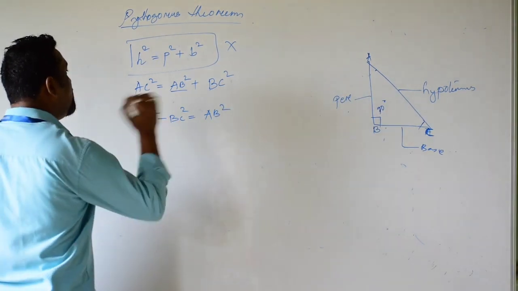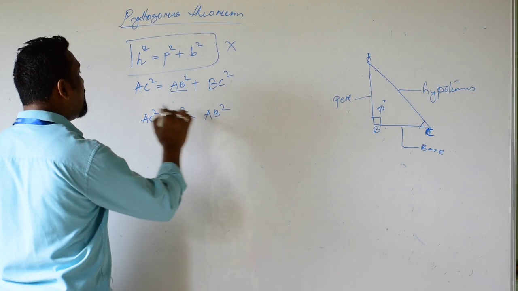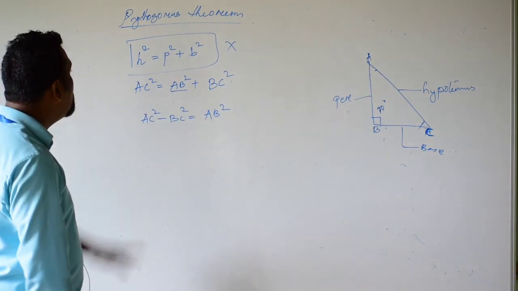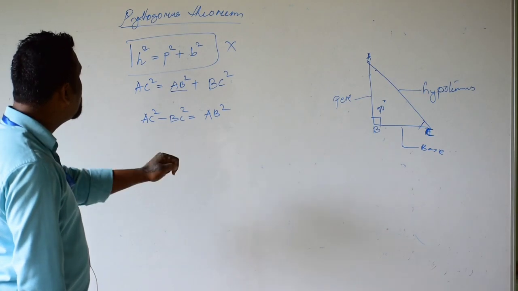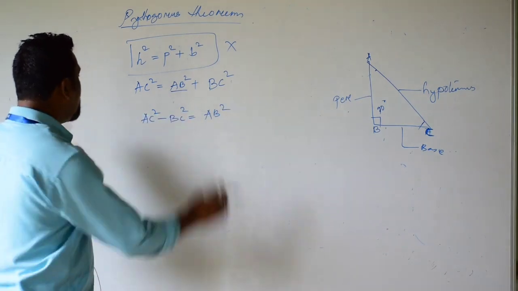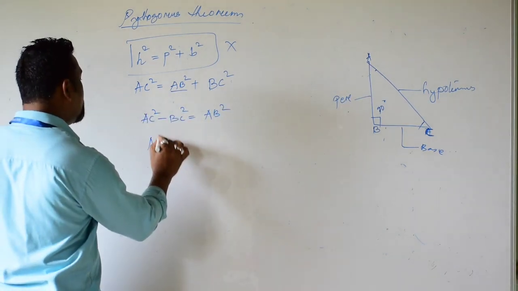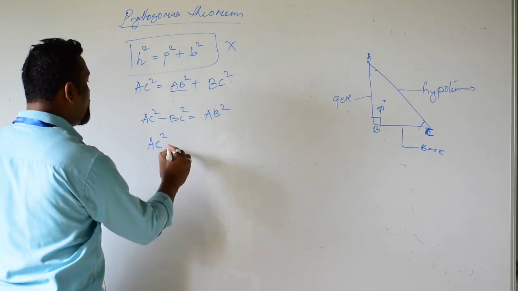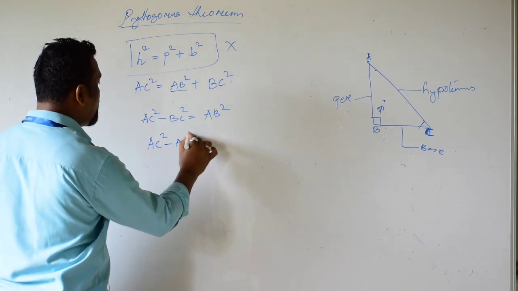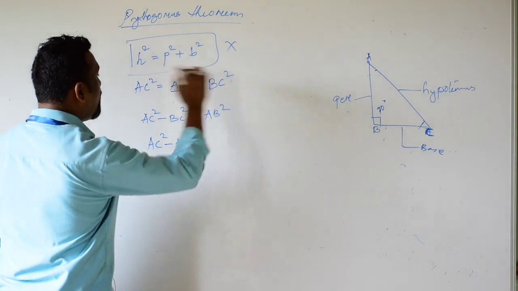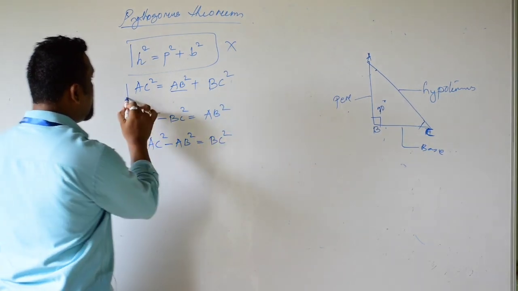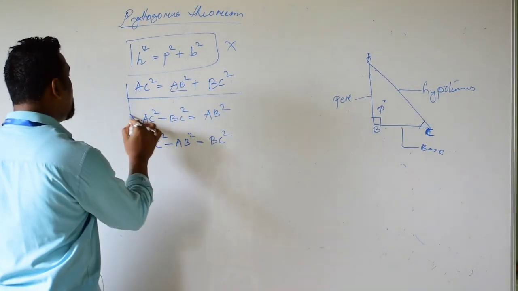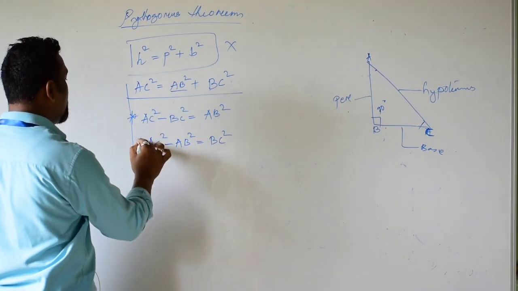Again, if you have the hypotenuse value and the perpendicular value and you have to find the base, it is the same process: the hypotenuse stays on its own side, the perpendicular is moved, and BC square will be left here. So these are the three formulas.